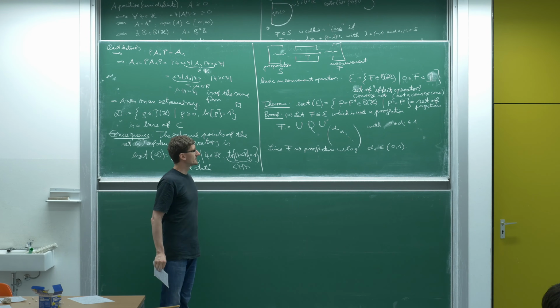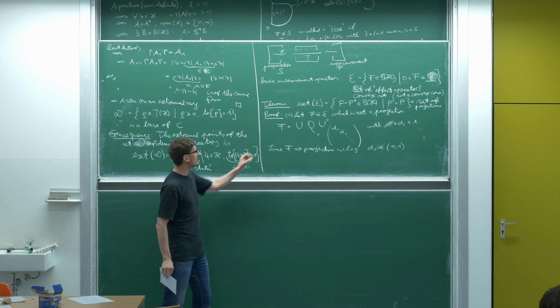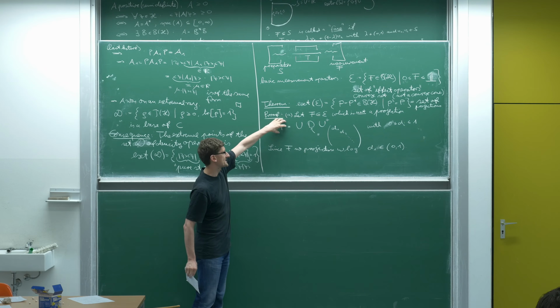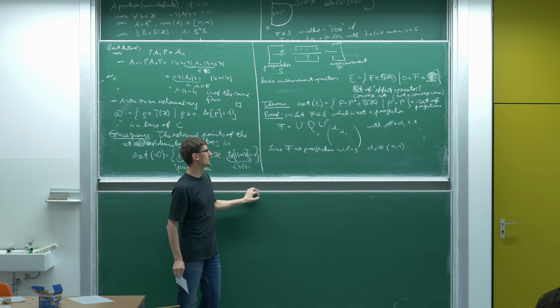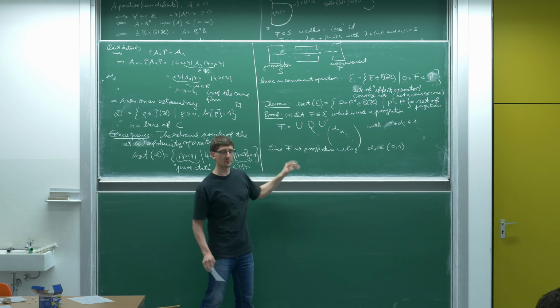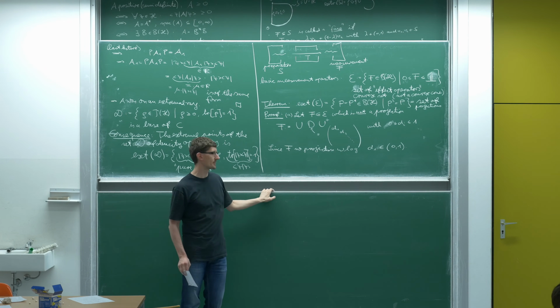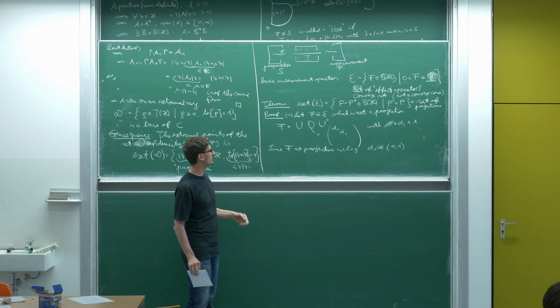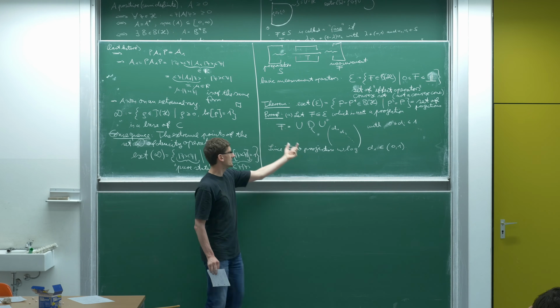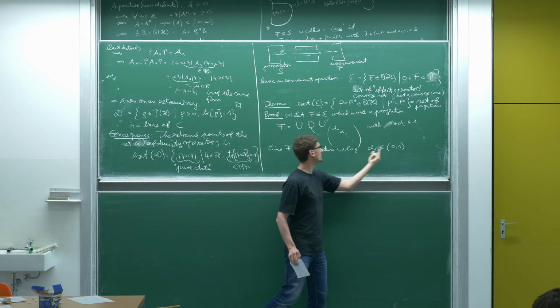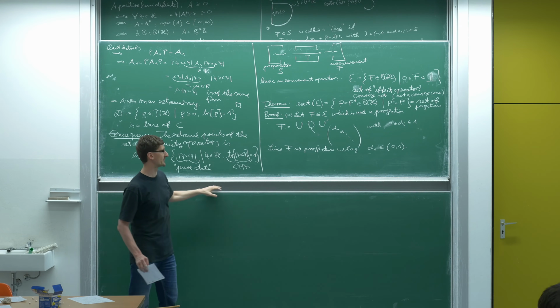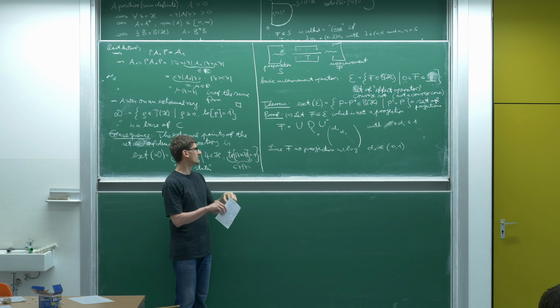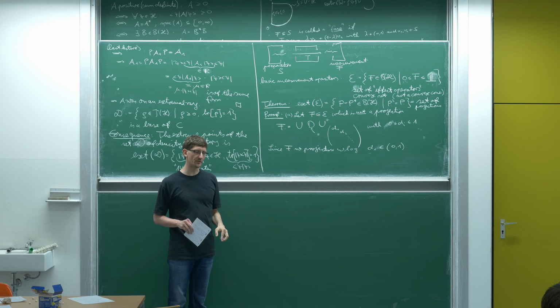Good. So how can we now write this operator F as a convex sum of two other effect operators? Does anyone see this? We would like to show that F with this property is not an extremal point of the set of effect operators. So we need to write it as a non-trivial convex decomposition of two other effect operators.